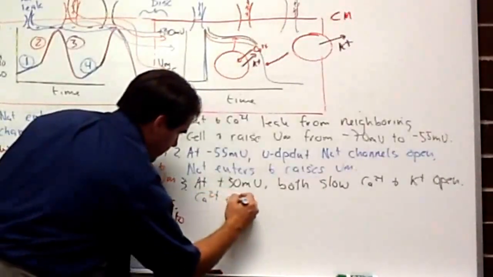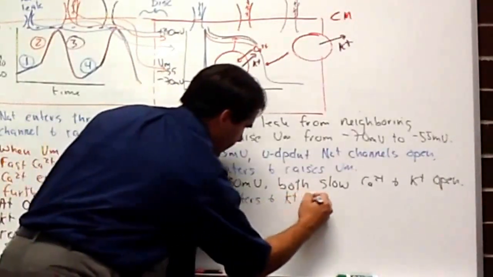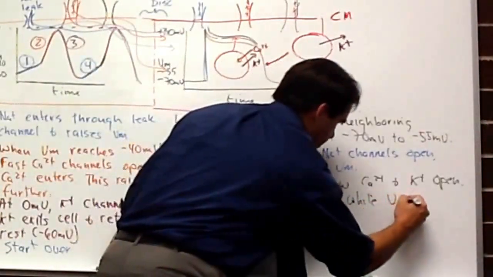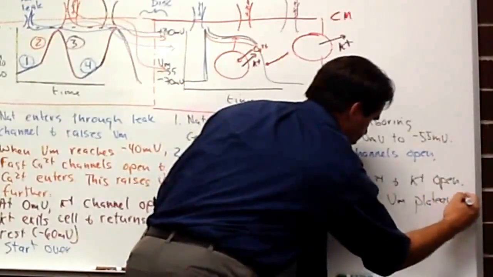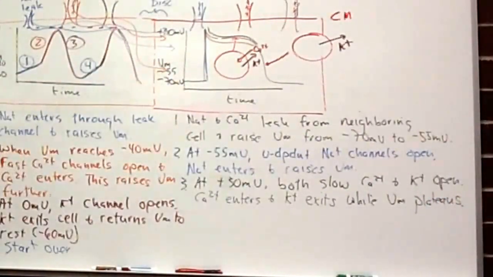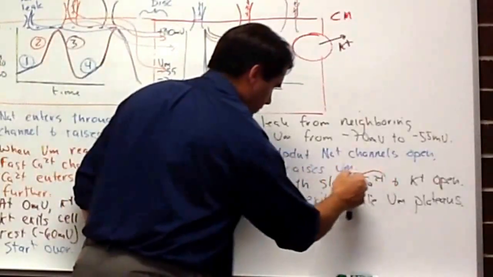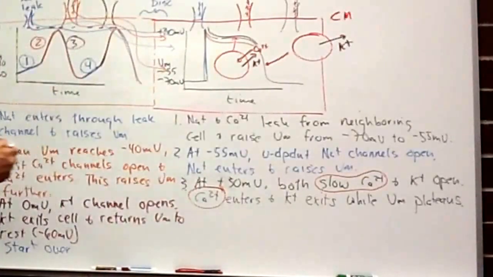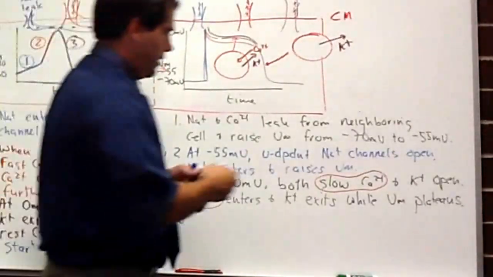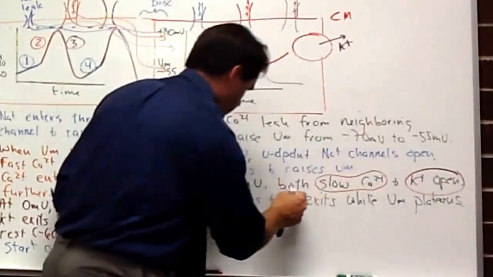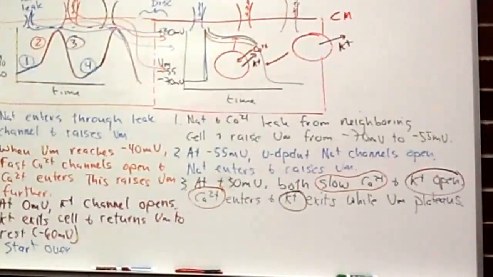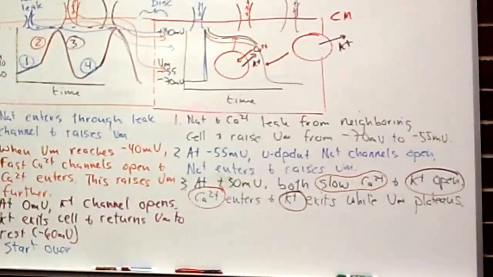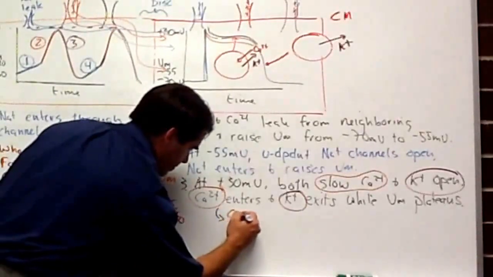Calcium enters and potassium exits, while VM plateaus, stays the same. I don't know if this color coding helps. Might put a little subtext there that calcium causes muscle contraction.